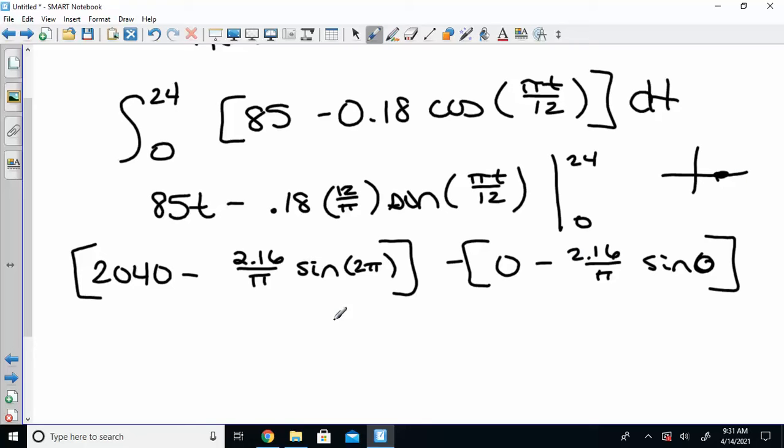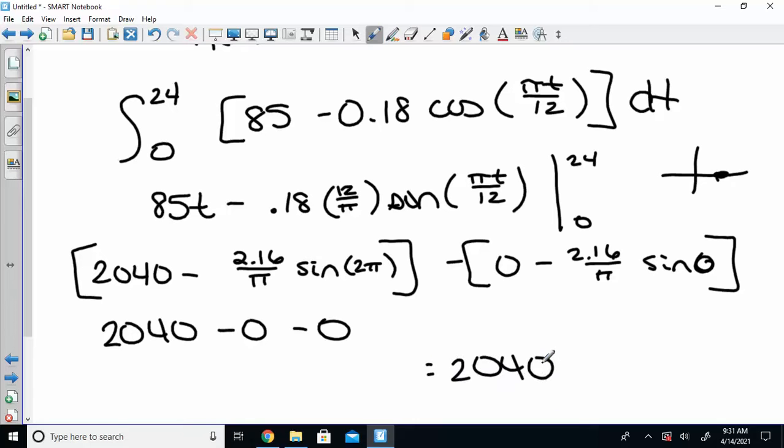Sine is your y. What's the value there? 0. So you get 2040 minus 0 minus 0. So our answer is 2040.